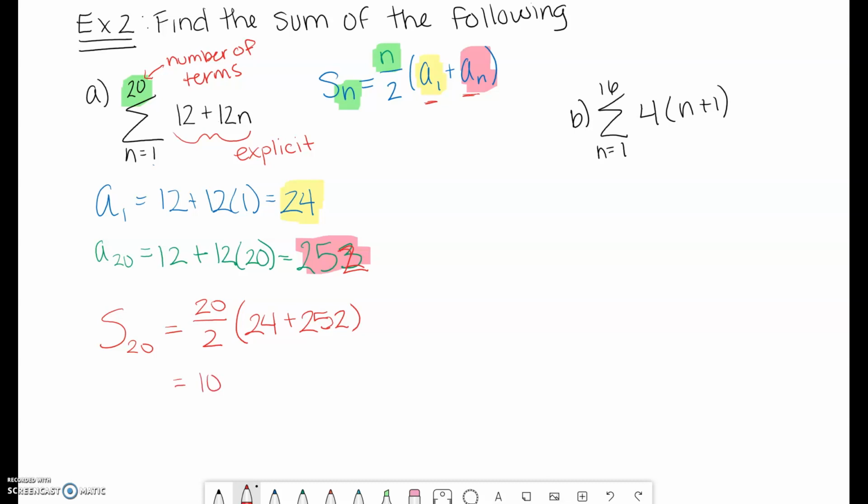So we're going to have 10 times and then add these two together, and we get 276 and then times that by 10. So our final answer is 2,760. So the sum of the 20 terms for this sequence is 2,760.